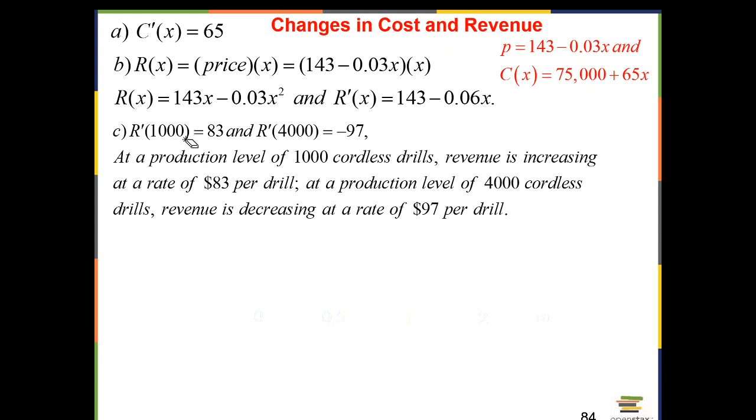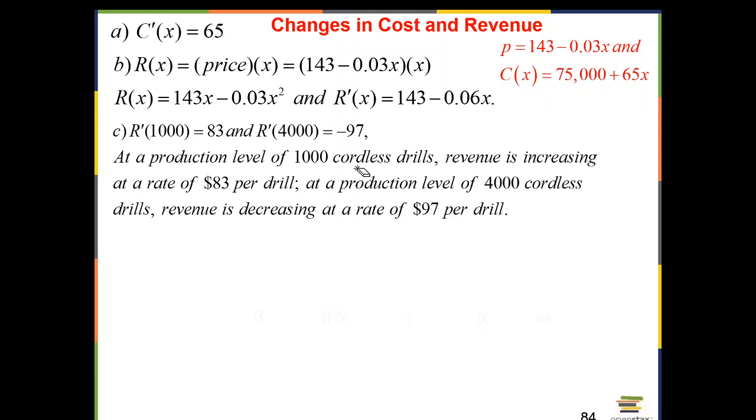Well, that means when you're selling 1,000 products, your rate of making revenue is actually $83 per product. When you're selling at 4,000 items, your rate actually is negative.